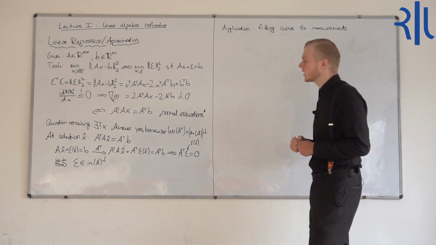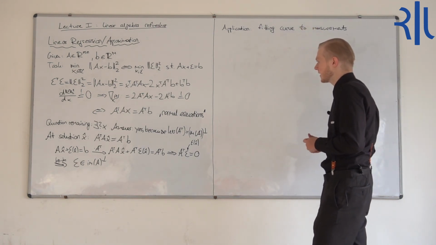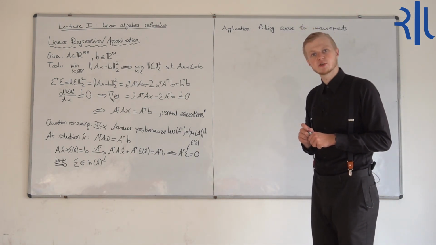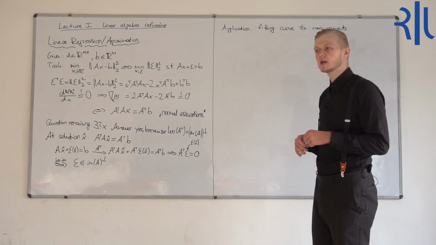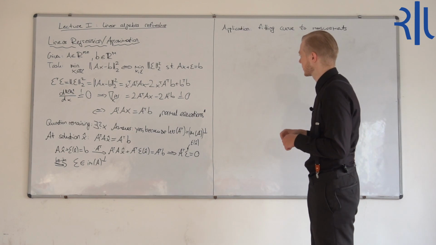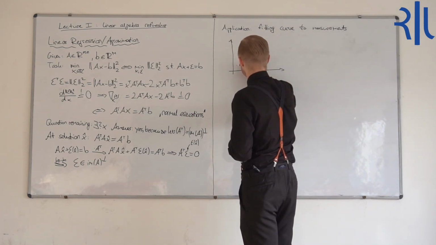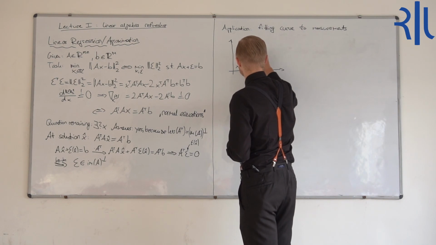So you conducted some experiment. You have some x value that you measured or that you controlled, and from that you got out some y value that you measured. So it might be something like that. Your data points, if you draw them.